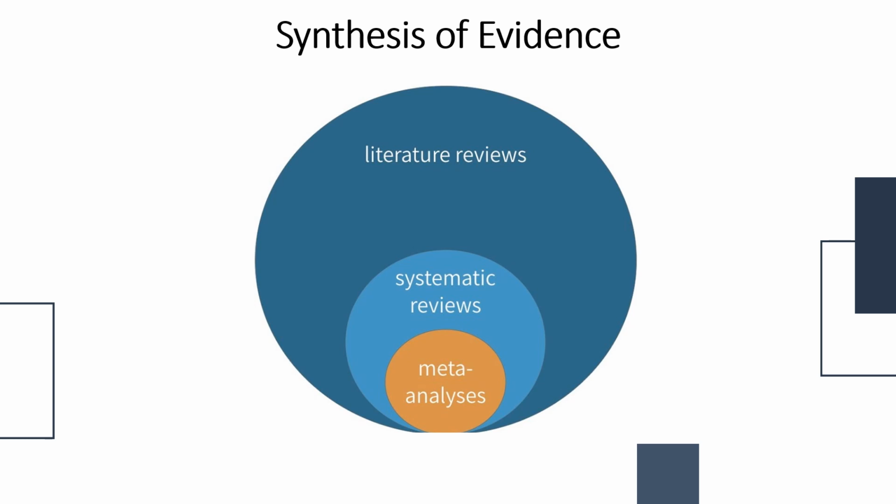A systematic review is when there's been a predefined literature search and a systematic overview of all of the included studies that have come up as a result of that literature search, with a systematic data extraction, and I'm going to go through that in a bit more detail. Whilst meta-analyses are statistical synthesis of data from trials included in a systematic review.